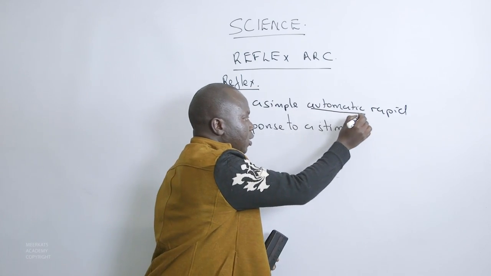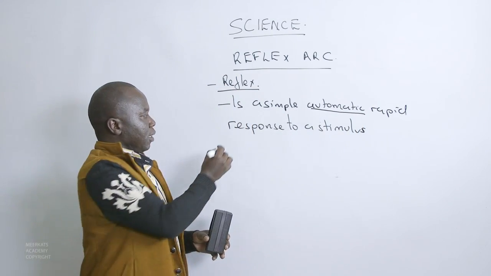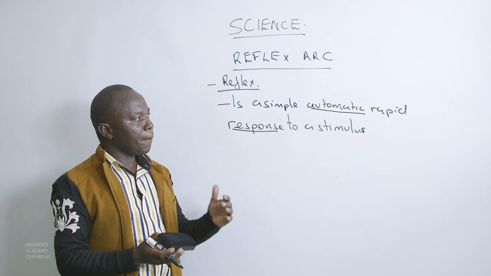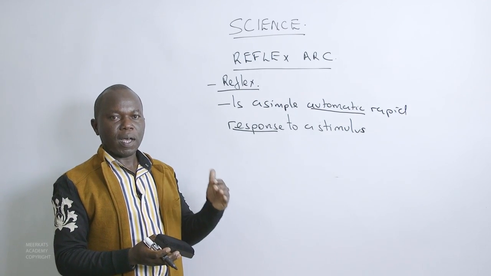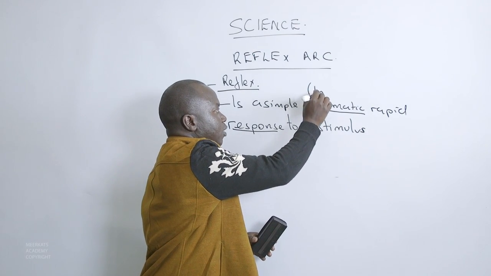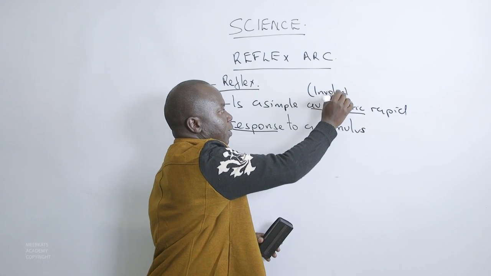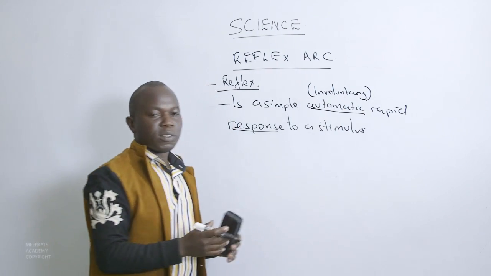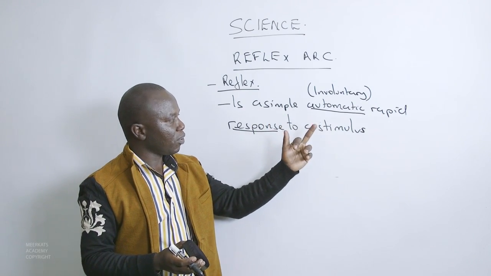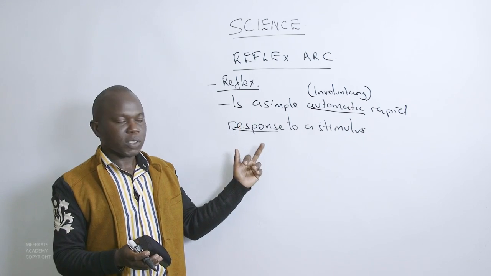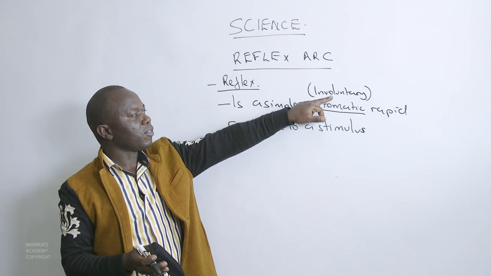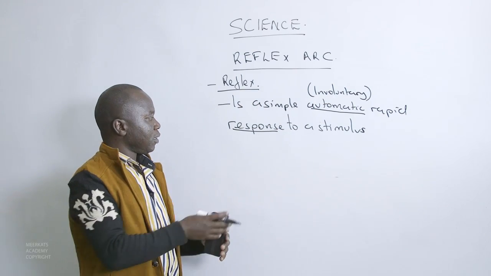So the keyword is automatic response to a stimulus. It happens without your voluntary action or without your will. Sometimes we call it involuntary. So you can replace the term automatic with involuntary: a simple involuntary rapid response to a stimulus. Involuntary means you have no control over it.